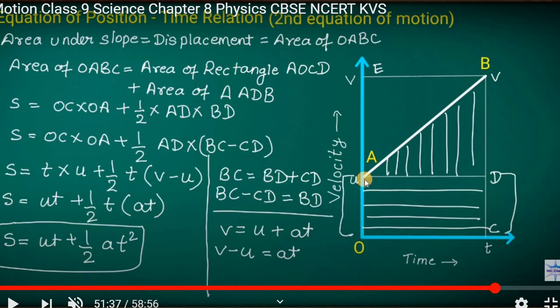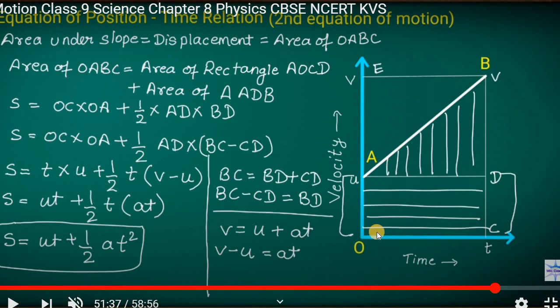So for that we have to find the area of OABC, means this area OABC. If you see this figure carefully, then you can see that two figures are made. One is a triangle and the other is a rectangle. If you want to find the total area of OABC, then we add this triangle and the rectangle area, and we get the complete area.